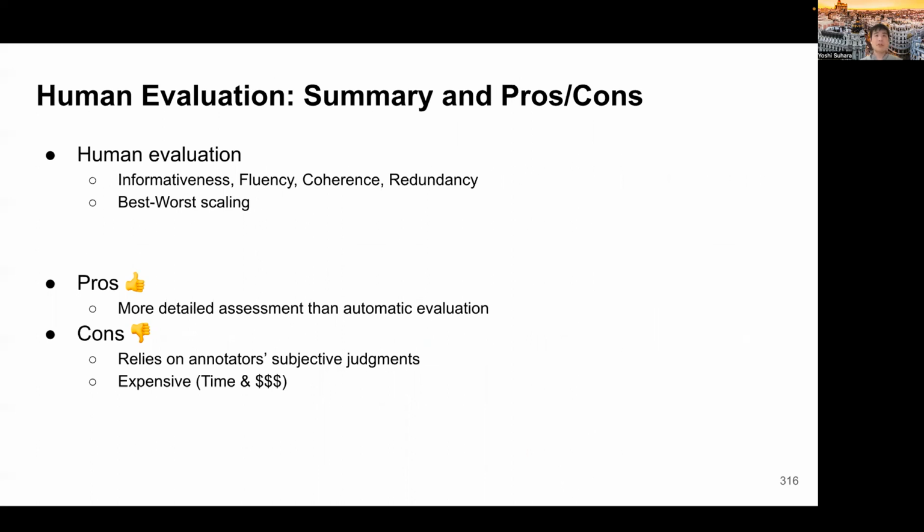With human evaluation, we can conduct more detailed and targeted assessment than automatic evaluation. On the other hand, human evaluation relies on annotators' subjective judgments, and thus task design and annotator recruitment are essential. Also, it is very expensive. We have to conduct human evaluation again whenever we have a new method.